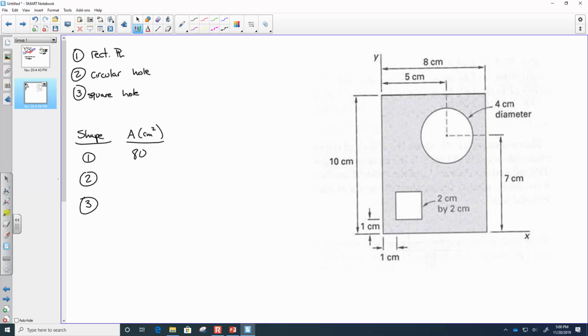Pi d squared over 4. 4 pi, which is 12.57. Now watch this. We'll stick a big negative on that. It's a hole. Cut. What's the area of a square that's 2 by 2?